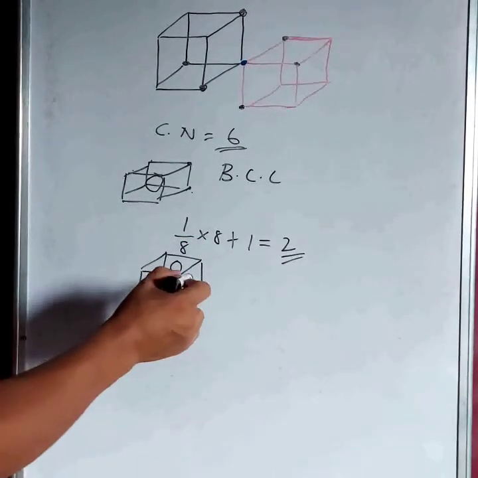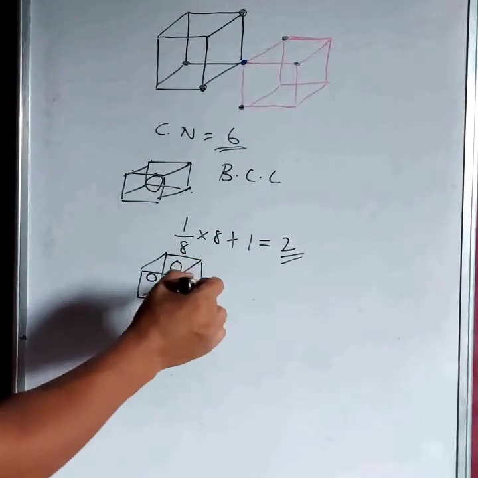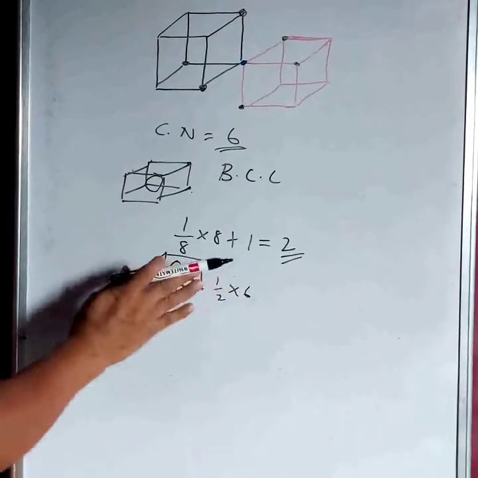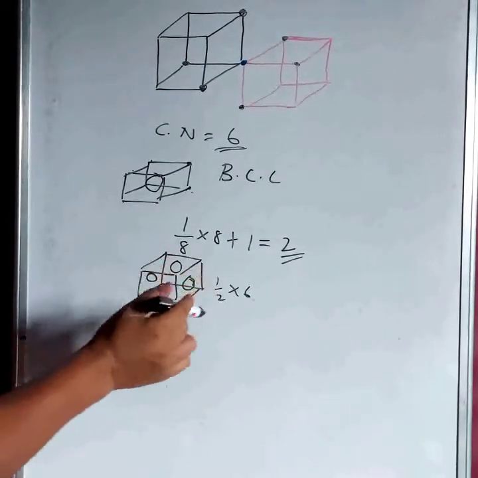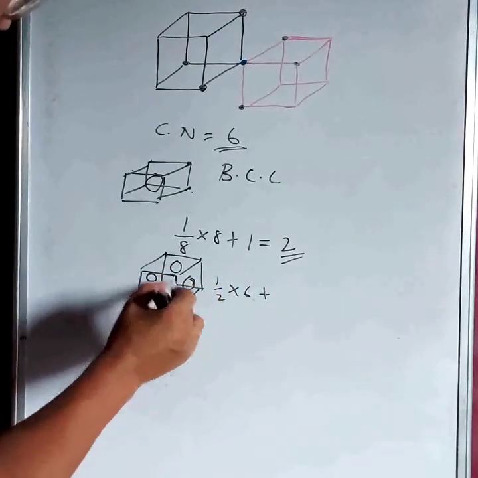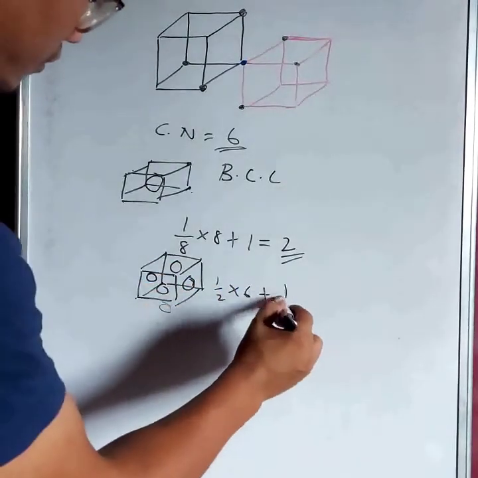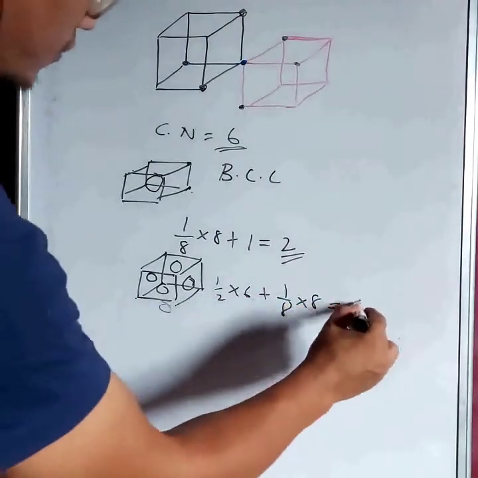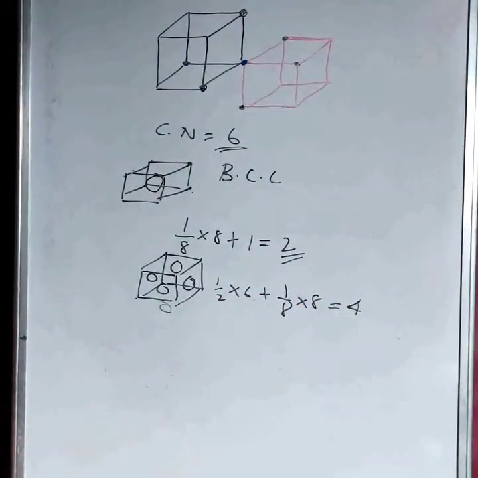Each of these atoms will be contributing half, and we have 6 faces, which means there are 6 atoms, and then we have 8 atoms on the edges, so 1/8 into 8, so that gives 4 contributions per atom, and that's how we calculate the contribution of atoms per unit cell.